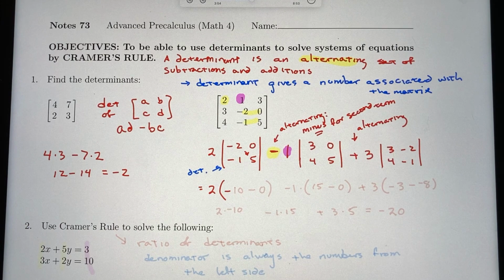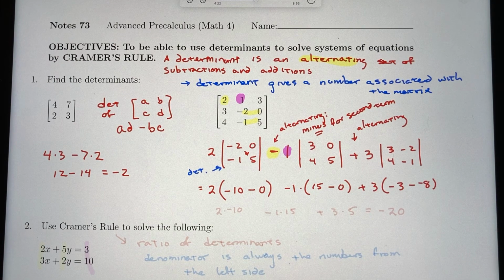So -2 times 5, I'm just going to do that in my head, -10 minus, be careful, 0 times -1 is 0. So 3 times 5 is 15, 4 times 0 is 0. 3 times -1 minus -8.